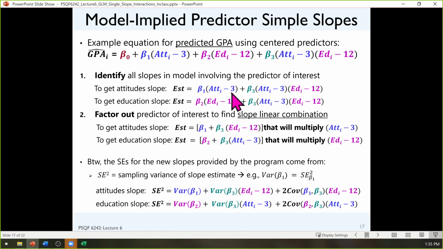So it's an algebraic rearrangement of the same information, but this linear combination corresponds directly to what the SAS and Stata code is going to look like to figure out what the slope should be.